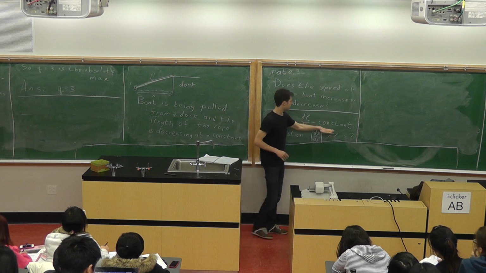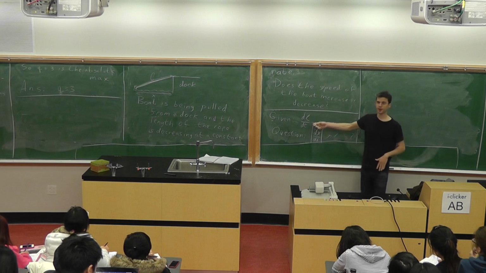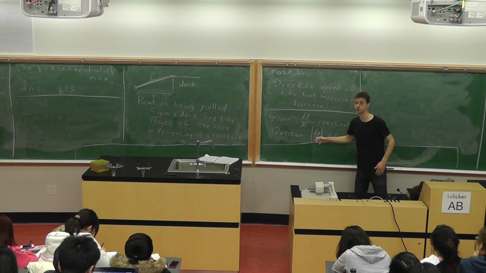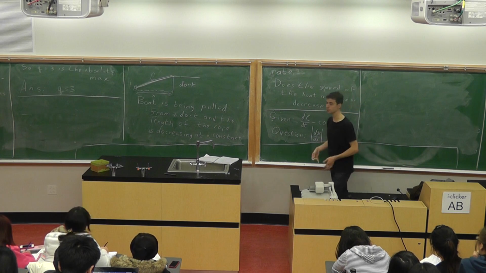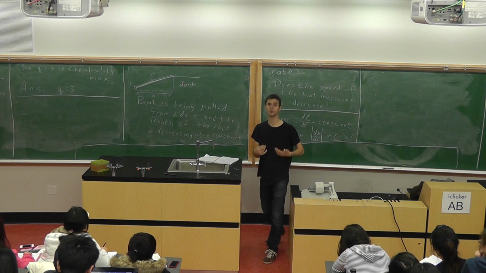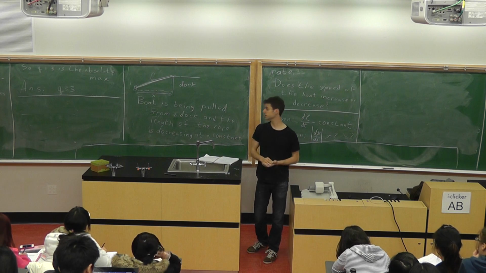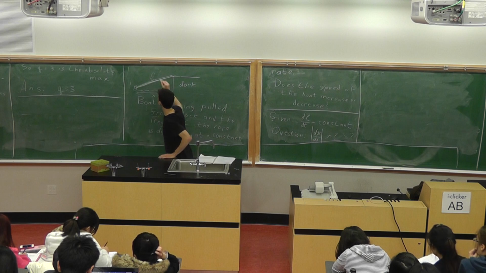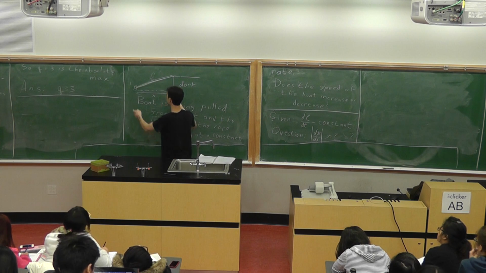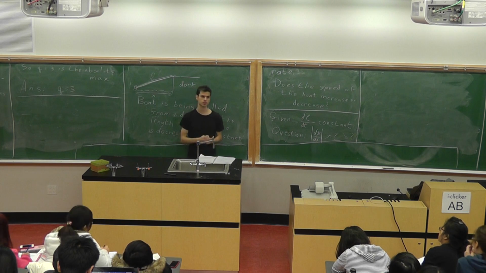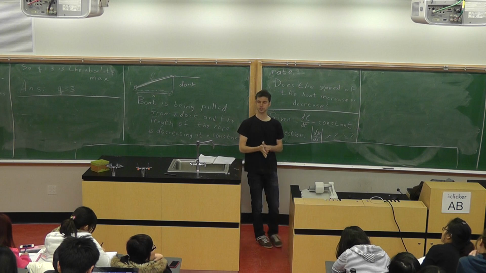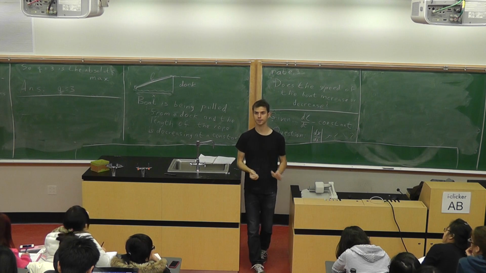Well, we must find some relation between the rates of change. For this, we must find some relation between the actual quantities, between x and L. It's reasonable that if you know the length of this rope, you should be able to find out this distance. So what is the relation between the two?